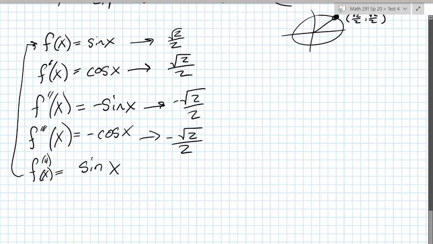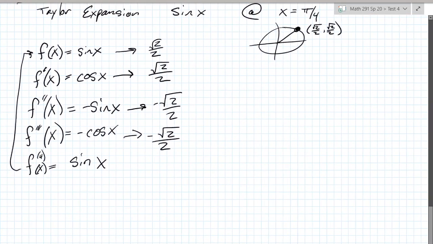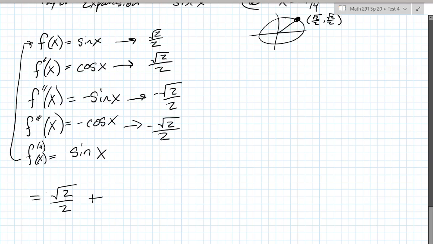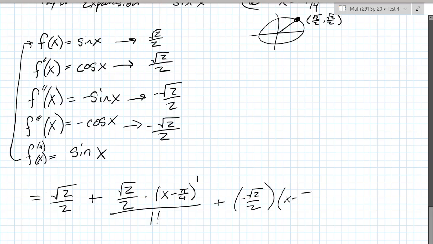Okay, so let's start writing out our terms. So our first term is going to be the square root of 2 over 2, and then we have plus the square root of 2 over 2 times x minus pi over 4 to the first, divided by our 1 factorial, plus negative square root of 2 over 2 times x minus pi over 4 to the second.